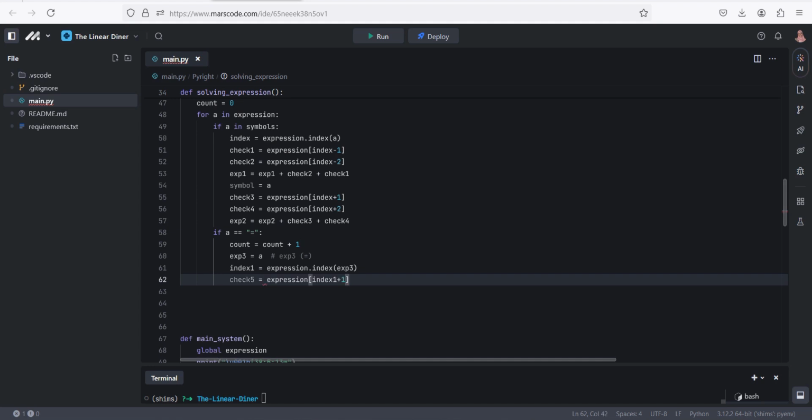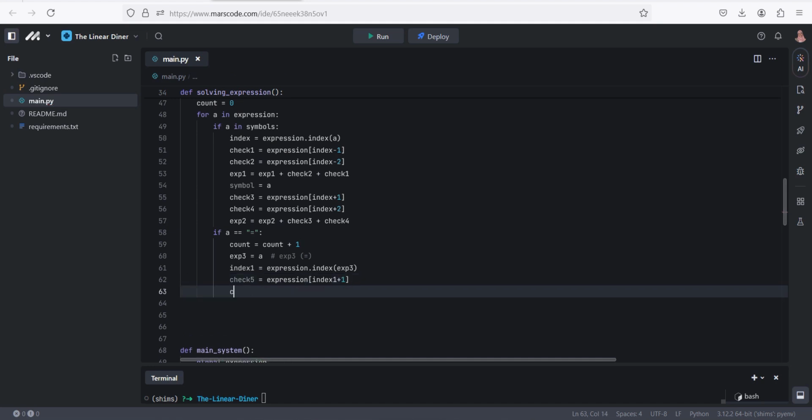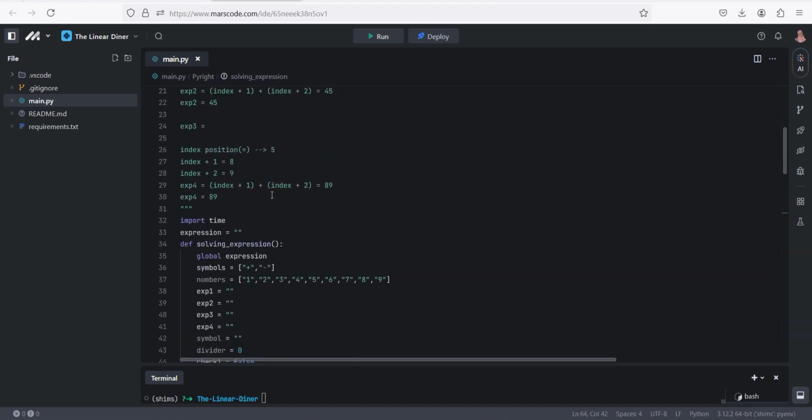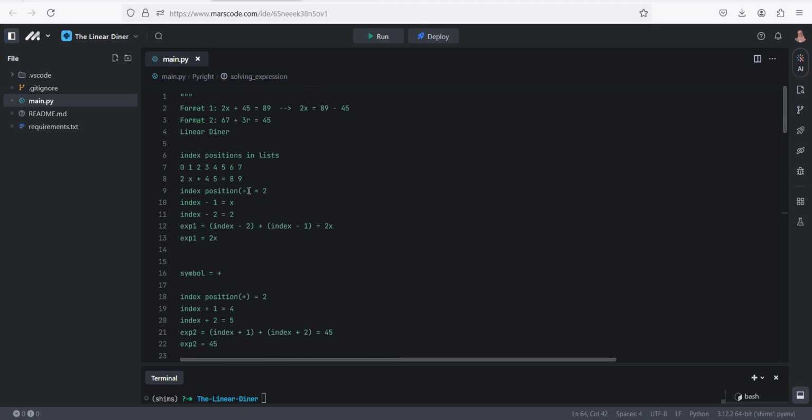So we're going to say index1 + 1 and then check6, which is where we're going to say expression index1 + 2, because we're trying to get what is the digit that comes right after the equal sign. Once you know the index position, what's the digit that comes after the sign, and what comes after that digit?